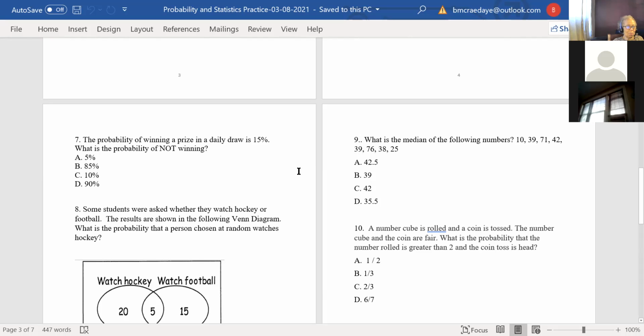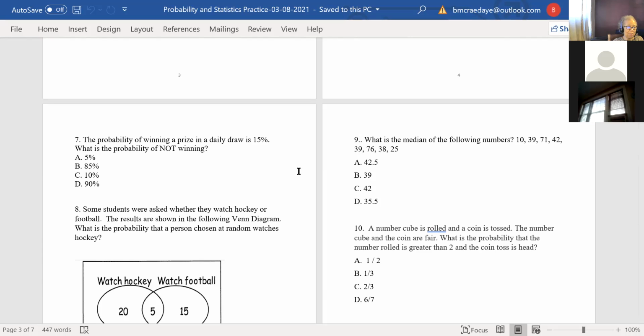No. The total is 100%. If your probability of winning is 15% and your total is 100%, what's the probability of not winning? In other words, the probability of winning plus the probability of not winning is 100%.